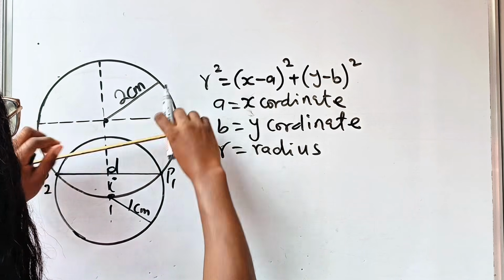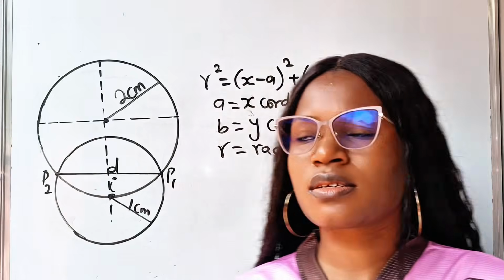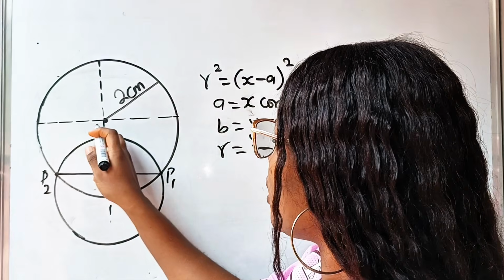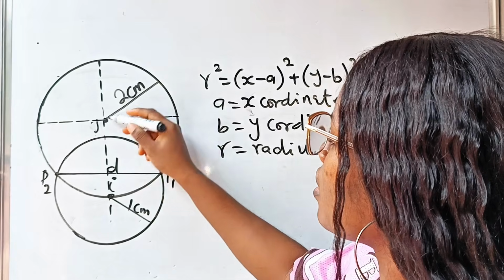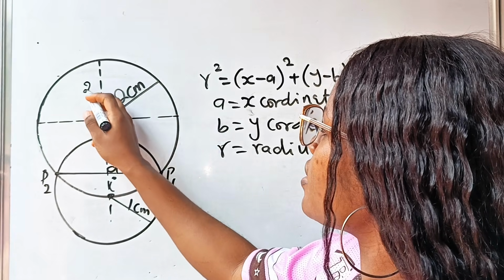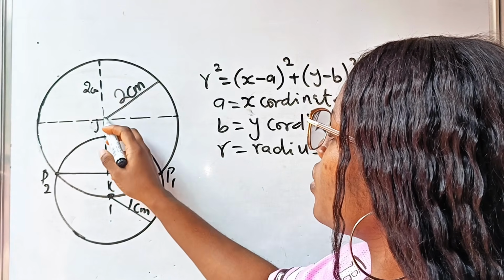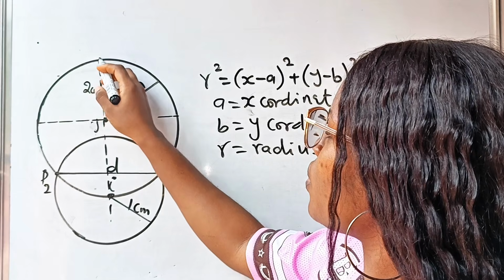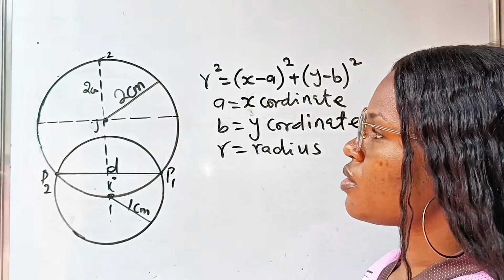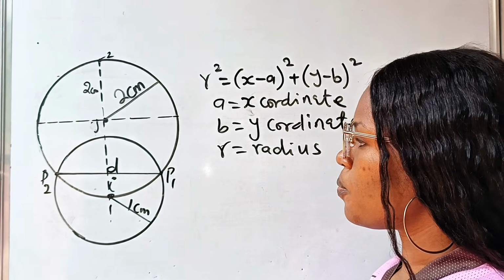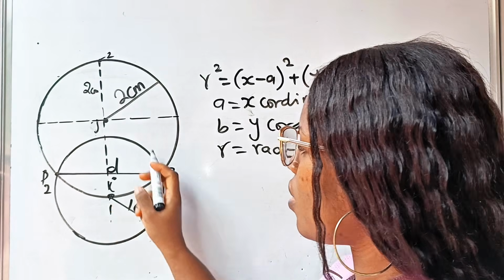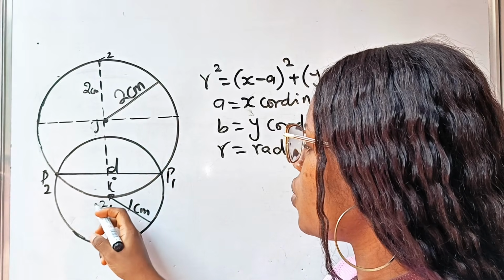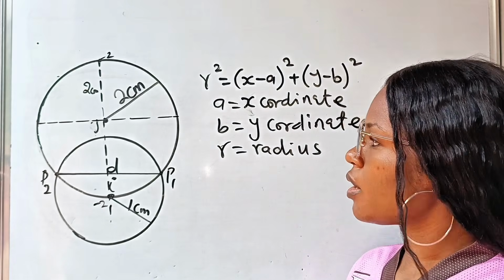Now remember that for J, from here to here is 2 centimeters, so this is 2 units. Here should be 2 units as well, because that is the radius of the circle. And this point, which happens to be the center of our smaller circle, is also 2 units, but negative.